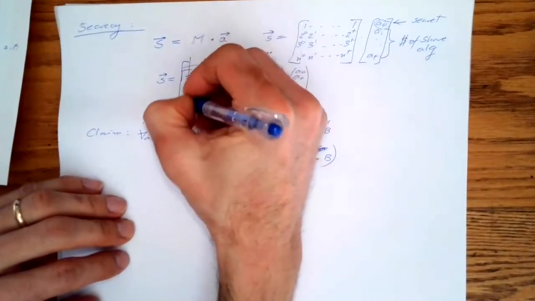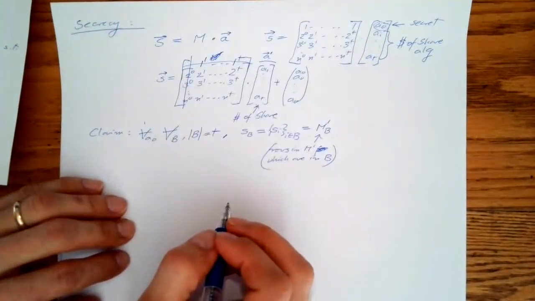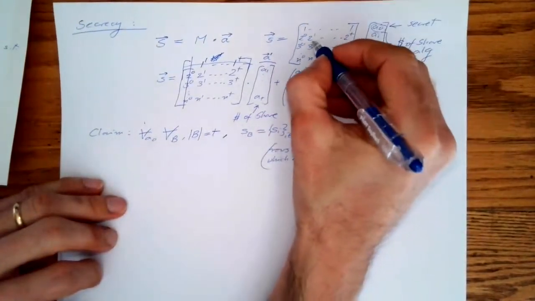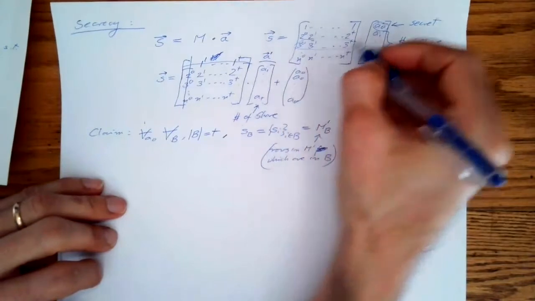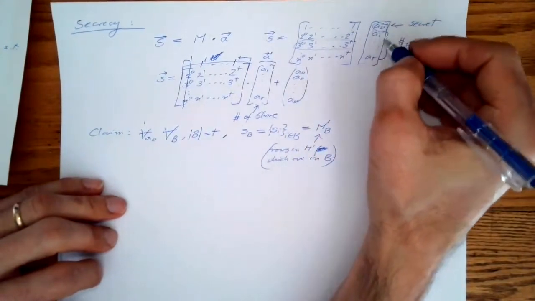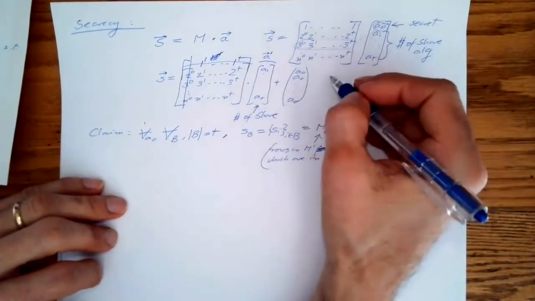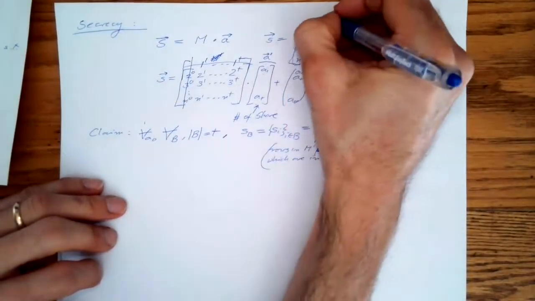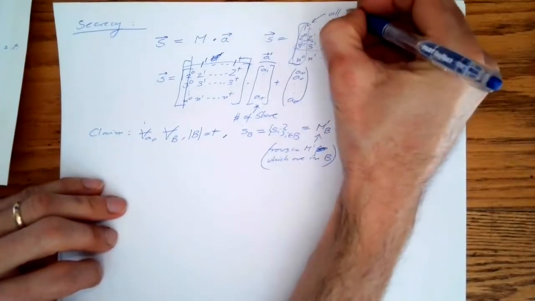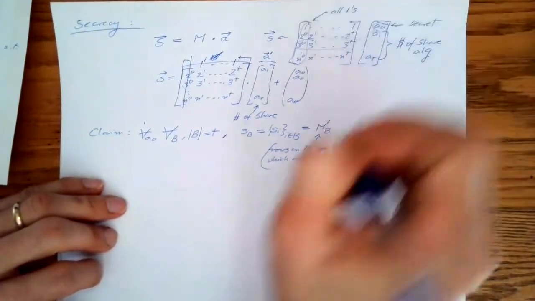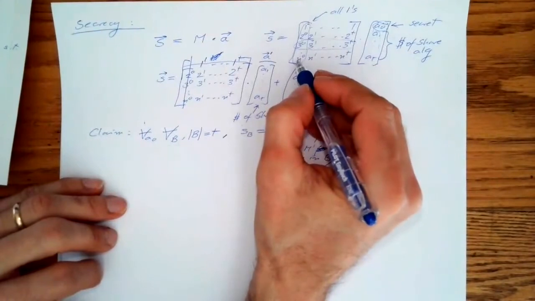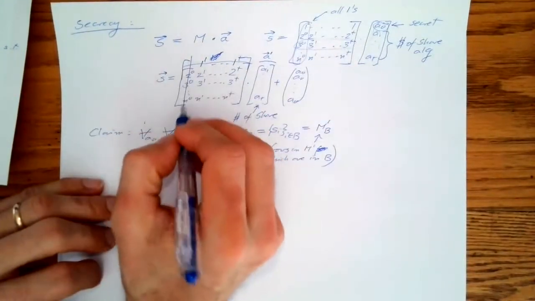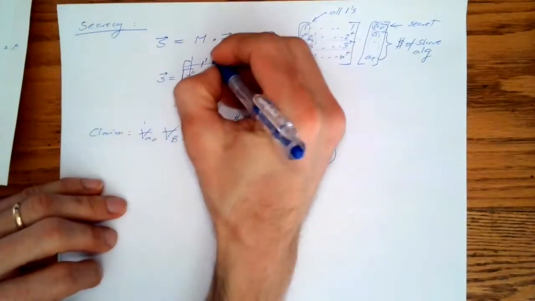What I'm kicking out is the first column. Take this row and multiply it by this thing. If I want to kick the A0 out, the observation is that the first column is all ones. So that's what I'm kicking out.